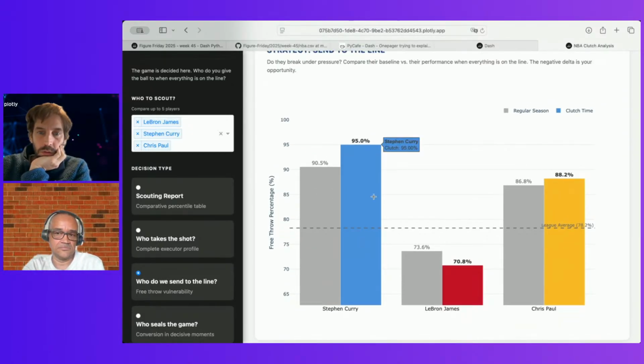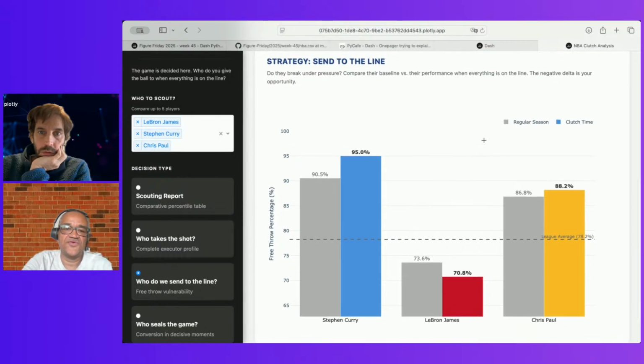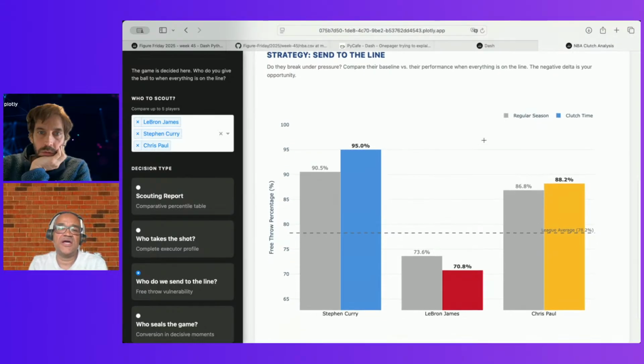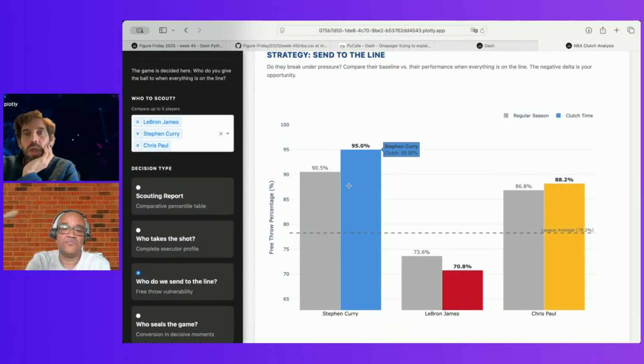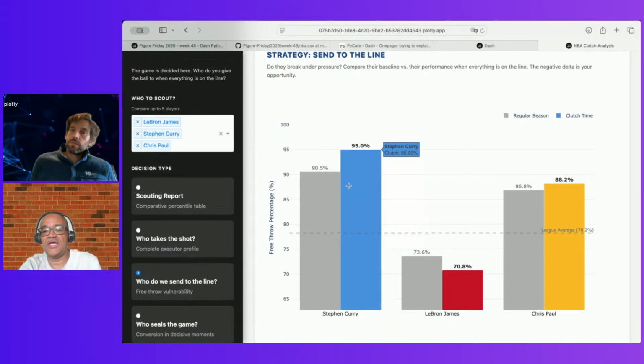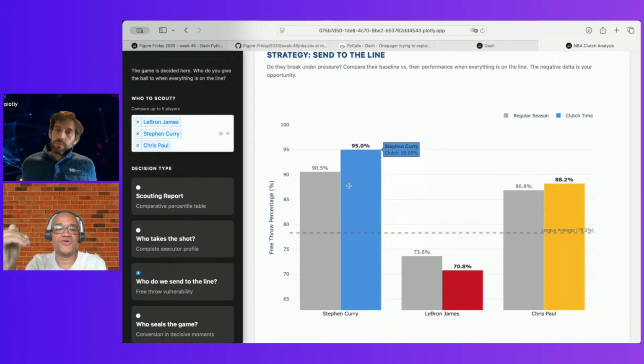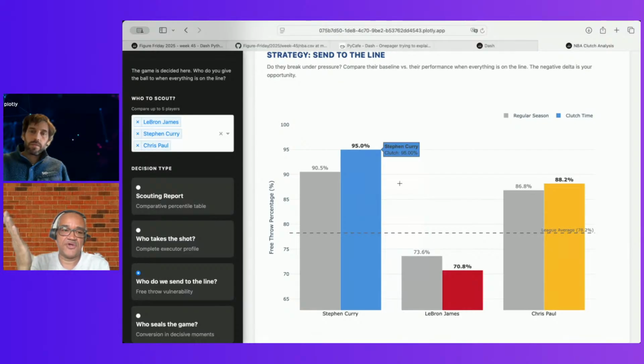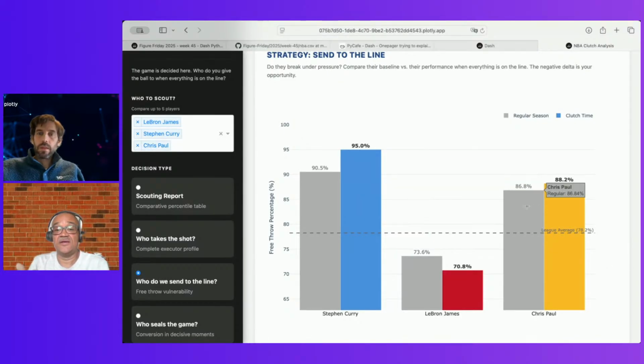Versus themselves in the regular season, Stephen Curry has 95% and improved to 90.5, improving 5%, and Chris Paul is also above the league average. LeBron, on the other hand, is below.